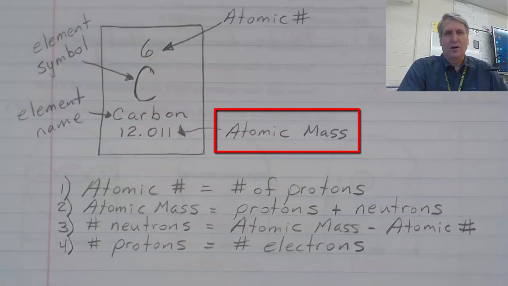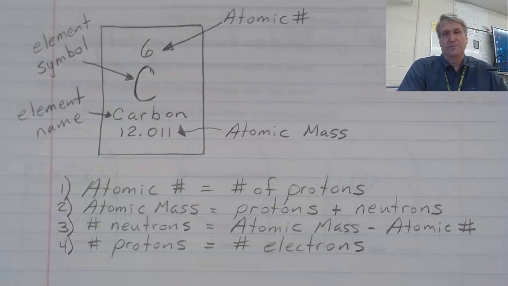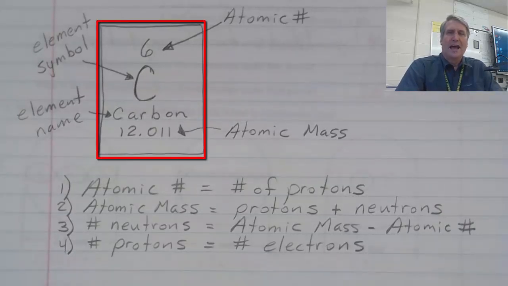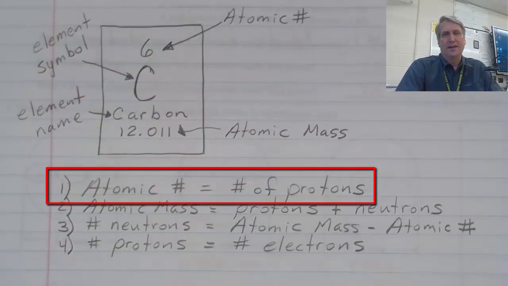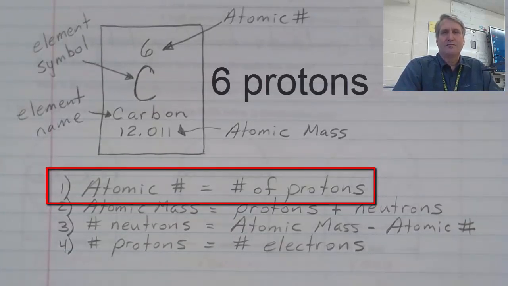Sometimes a periodic table will also list the element name underneath the element symbol. In this example, we are using the element carbon. Every element has a different atomic number. The atomic number is equal to the number of protons that an atom has in its nucleus. Carbon has an atomic number of 6, which means it has 6 protons in its nucleus.